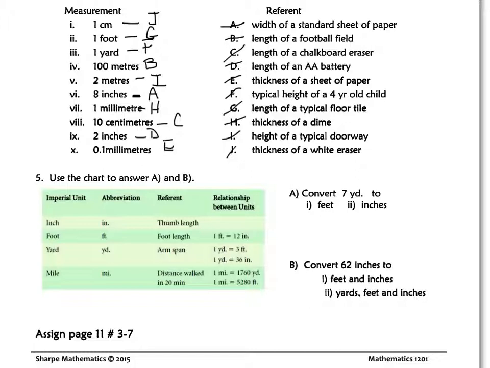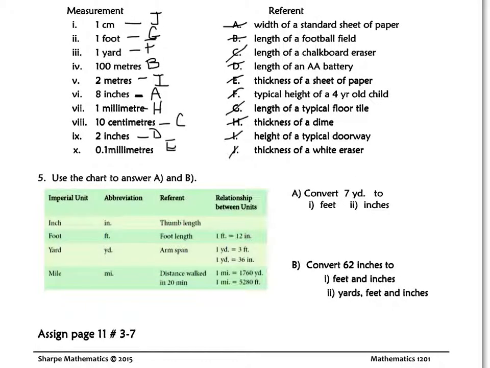So if you were asked to convert 7 yards to feet, if you look at the table, every yard is 3 feet. So 7 yards would be 7 times 3, or 21 feet. And question number 2, if you look at the chart for inches, you know that every yard is 36 inches.